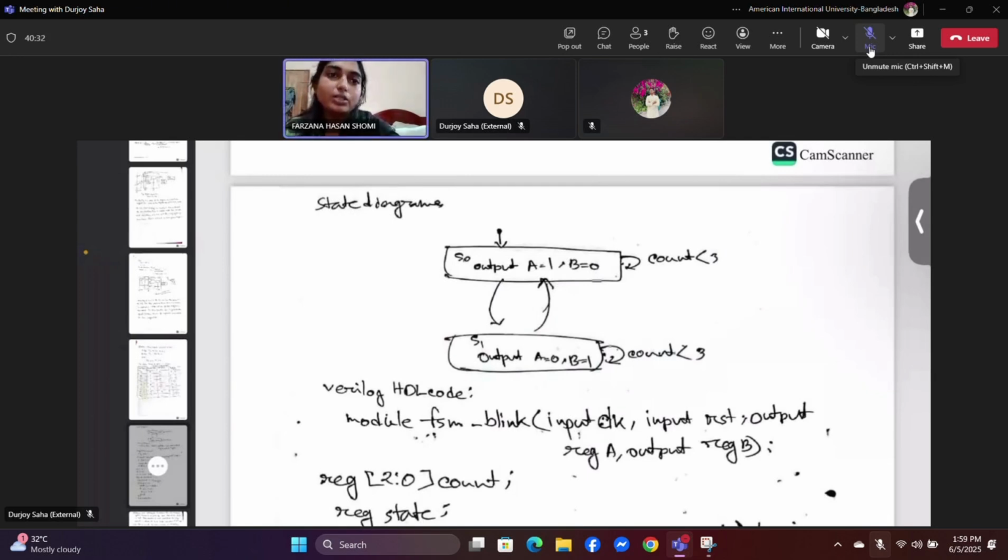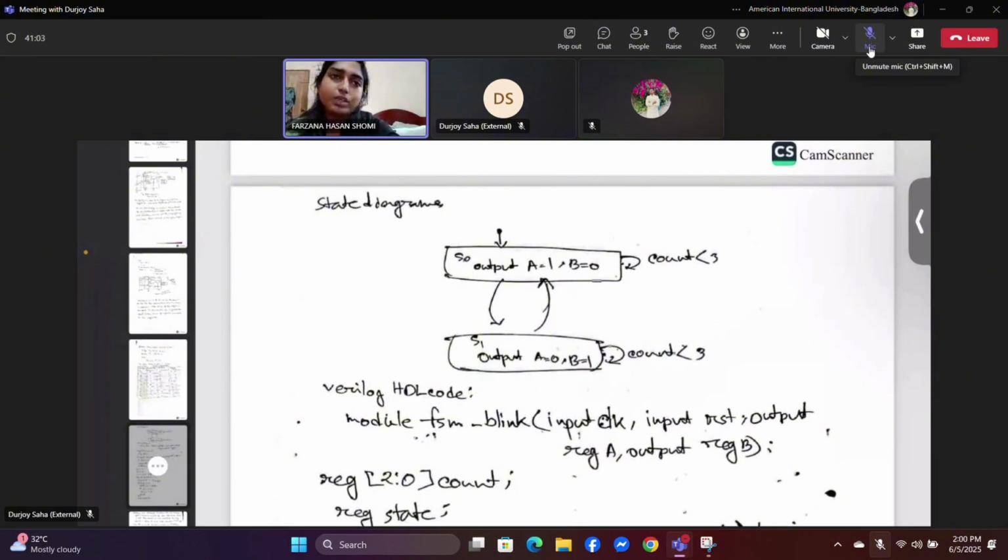Let me now walk you through the state diagram and the Verilog HDL implementation of our finite state machine, or FSM. We designed a two-state system, S0 and S1, to control the blinking logic of two outputs, A and B. The transitions are governed by a counter. In state S0, the output is A = 1 and B = 0.